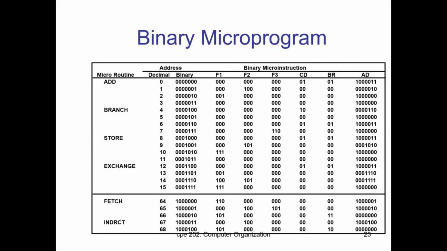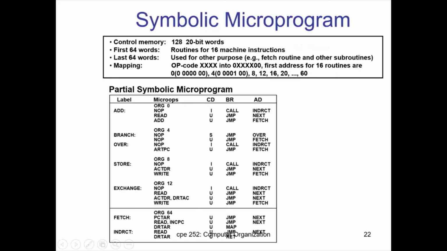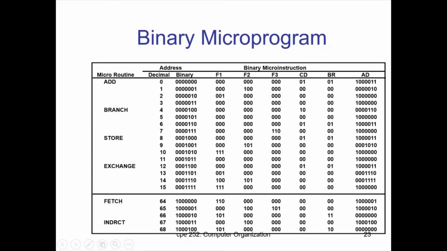So the microprocessor will be reading all the information in binary form. So 0, 0, 0, 1, 1, 0. Whatever it is, the instruction is a partial symbolic program, and this is a complete symbolic program. It's an address microinstruction.